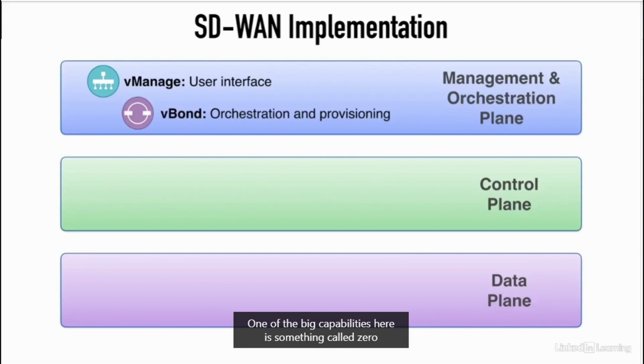One of the big capabilities here is something called zero-touch provisioning. This means that when an SD-WAN capable router is introduced into the network, Cisco's vBond can remotely provision the router from anywhere without the need for an administrator to take any action at all. So that's super helpful for us as administrators.